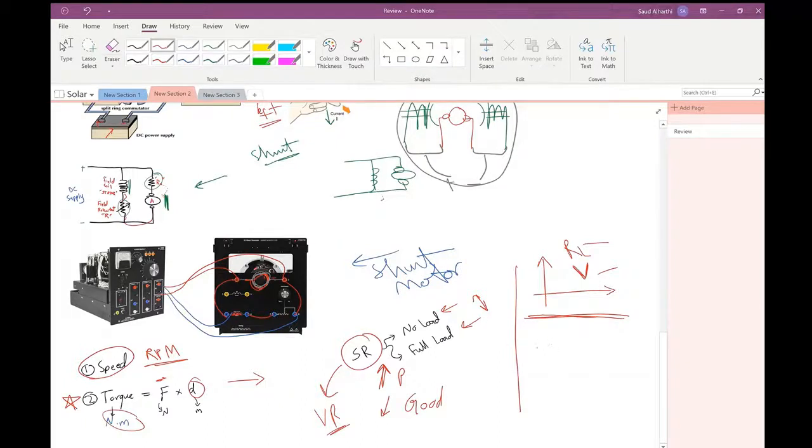Now in the motor, the two important characteristics are the speed and the torque. Those two define the motor itself, or define the application of the motor, or define if the motor is suitable for us or not.